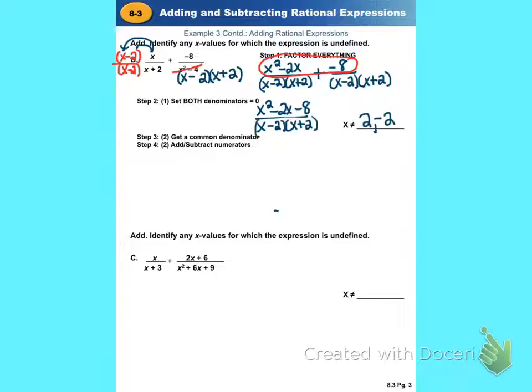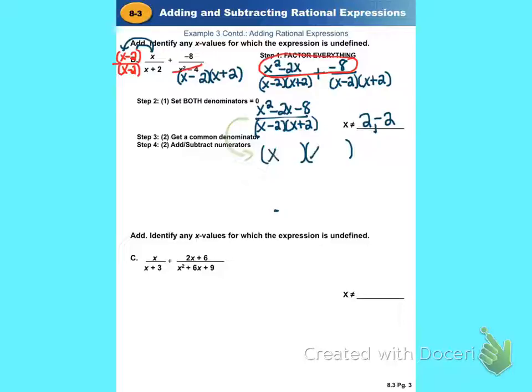Now, it's worth taking a look to see if there's a way to reduce this, because it looks like maybe x squared minus 2x minus 8 might be factorable. Let's see if we were to factor that. I'm going to break it down into two binomials, or reverse FOIL.